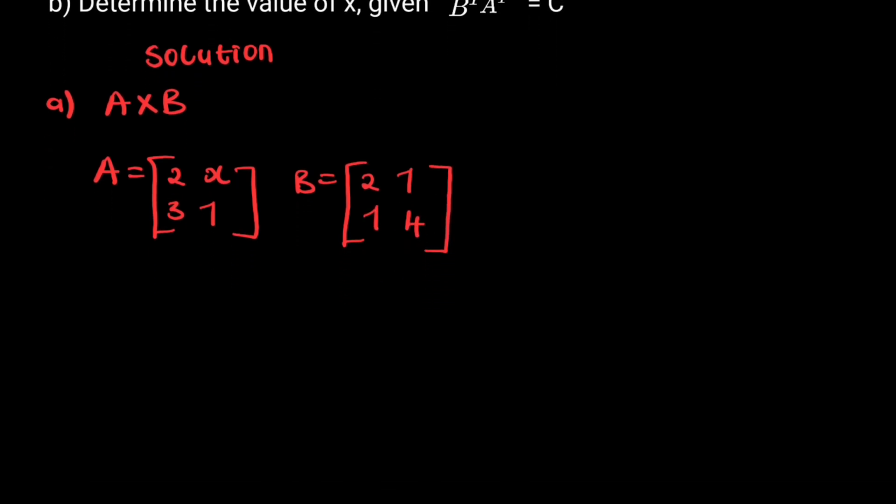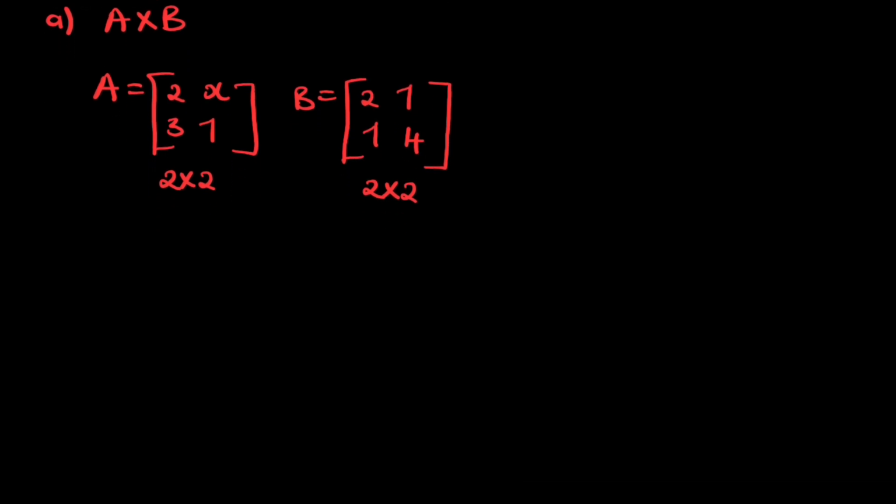This is a 2 by 2 matrix, and this is a 2 by 2 matrix. So as we can clearly see, it can be multiplied. So let us multiply the matrices. Our AB is A times B.